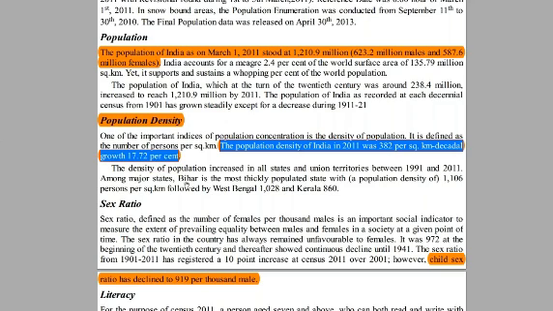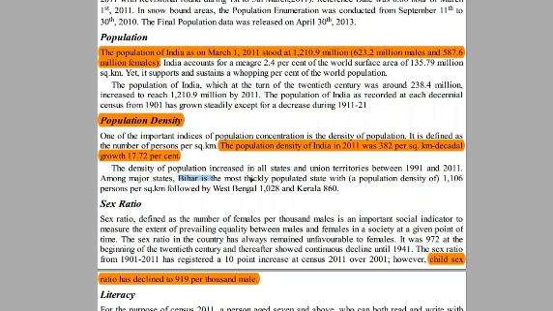UPSC might ask you a question on which state has the highest population density. The information has been provided in the subsequent paragraph. Bihar is the most thickly populated state, with a population density of 1106 persons per square kilometer, followed by West Bengal with 1028, and Kerala with 860.